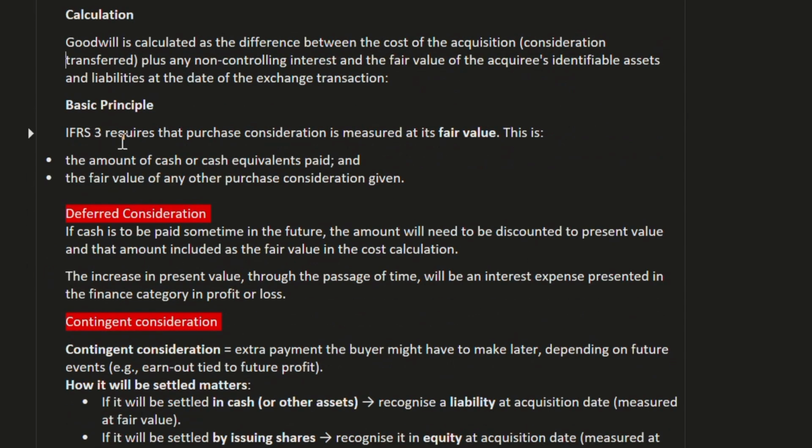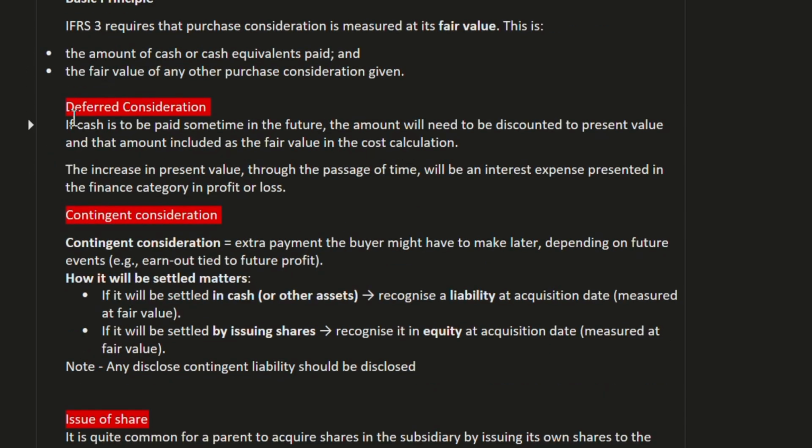Basic principle: IFRS 3 requires that purchase consideration is measured at its fair value. This is the amount of cash or cash equivalent paid and the fair value of any other purchase consideration given. Deferred consideration: if cash is to be paid sometime in future, the amount will need to be discounted to present value, and that amount included as the fair value in the cost calculation. So if a discount rate is given, we need to calculate the present value using that discount percentage.